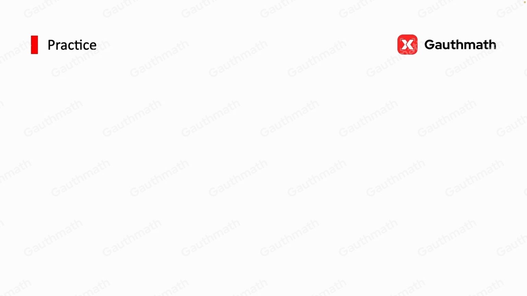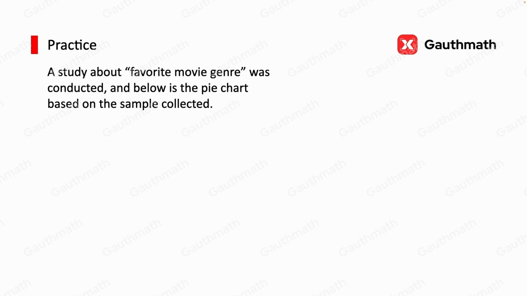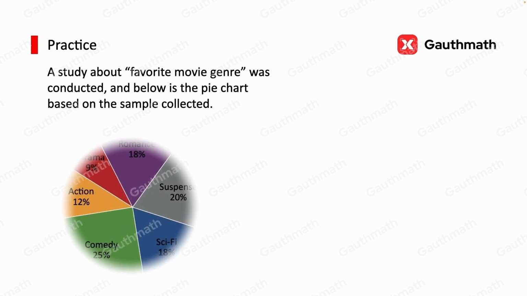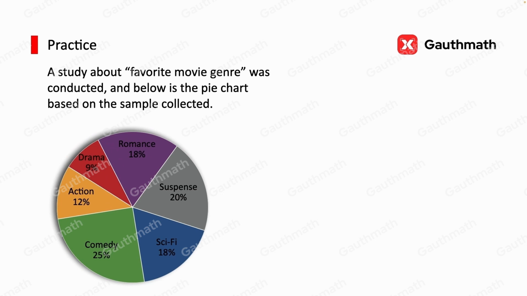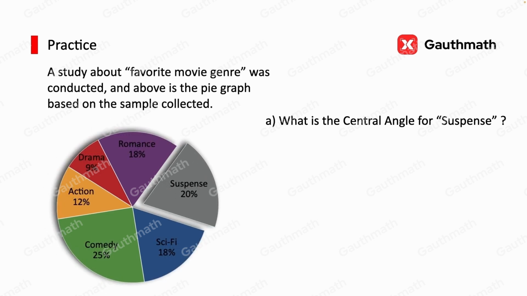Okay, now let's try out a practice problem. A study about favorite movie genre was conducted, and below is the pie chart based on the sample collected. Part A, what is the central angle for suspense? Okay, we're looking for an angle in the pie chart.